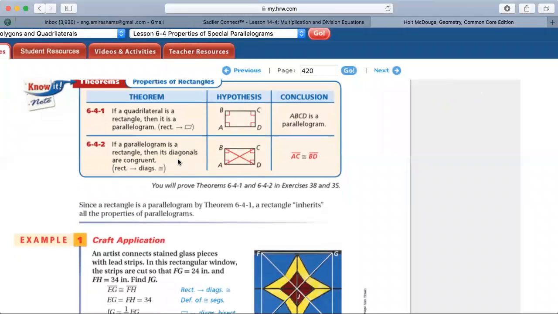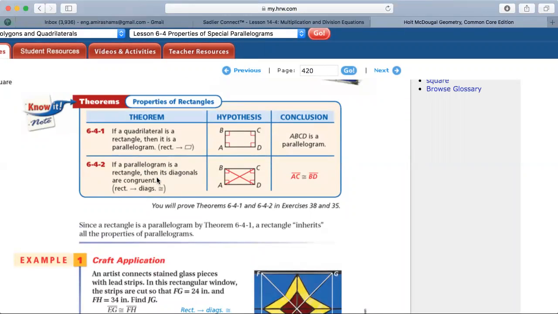Second property: if a parallelogram is a rectangle, then its diagonals are congruent. AC is congruent to BD. So now we learn that the parallelogram is a rectangle. The only difference is that the 4 angles of the rectangle, each one is 90 degrees. What else we learned? That the two diagonals of the rectangle are congruent.